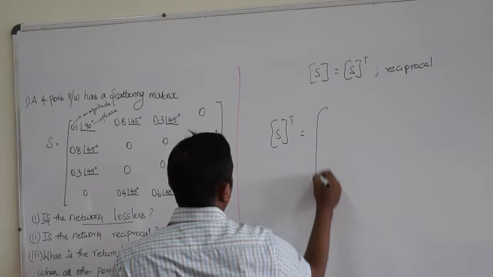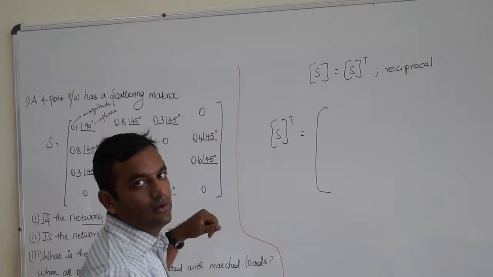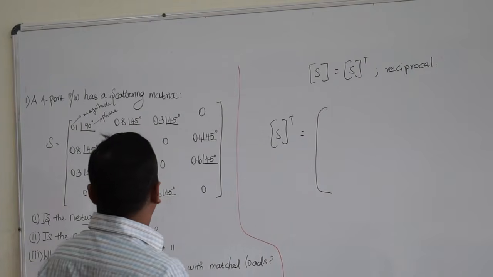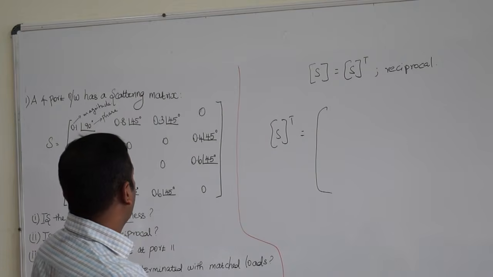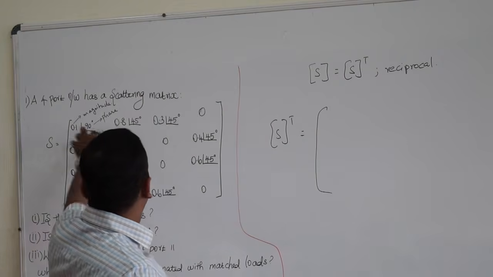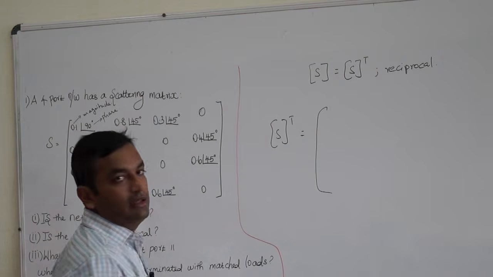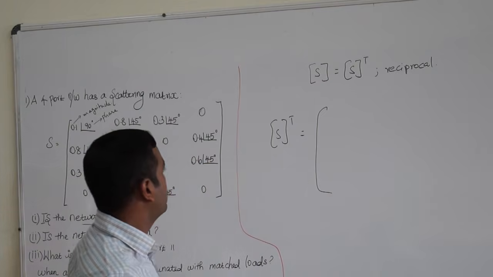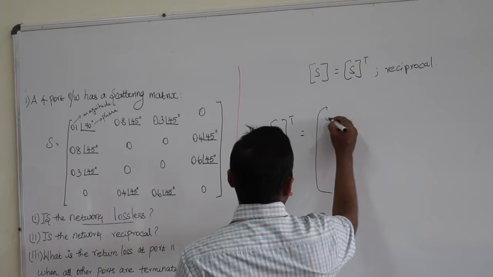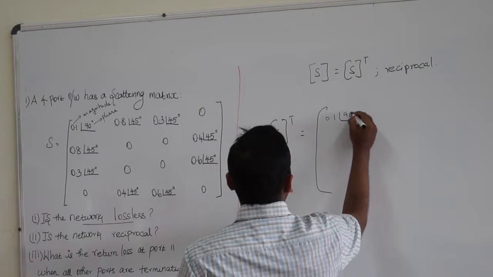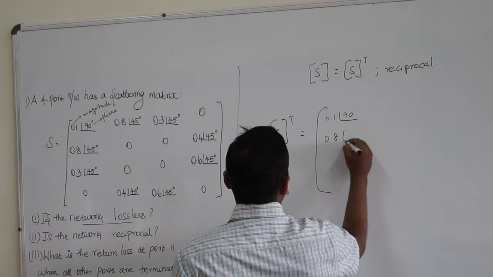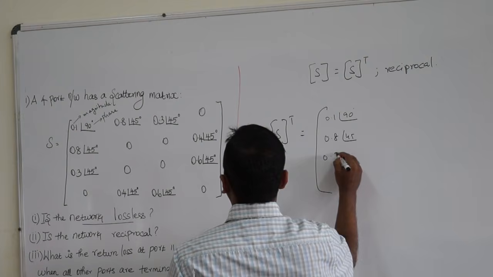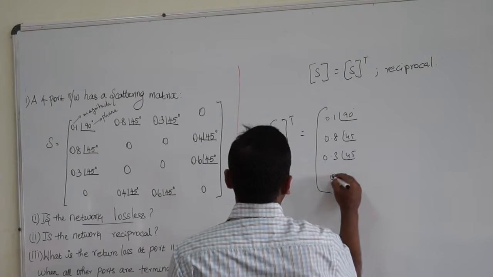Let's write the S transpose of the matrix, which is nothing but converting your rows to columns and columns to rows. But by looking directly into the S matrix, another way is, above the diagonal and below the diagonal, the matrix looks alike. So naturally this is a reciprocal network, but let's write the S transpose of the network. So converting the rows to columns: 0.1 angle 90, 0.8 angle 45, 0.3 angle 45 and 0.